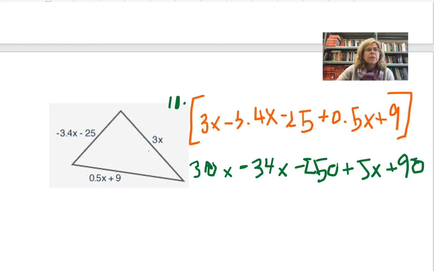Okay, so then what do we have here? We have a bunch of different things, big numbers for sure. So 30x minus 34x is minus 4x, and then minus 4x plus 5x is x.